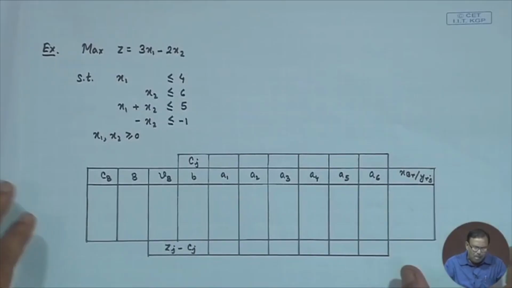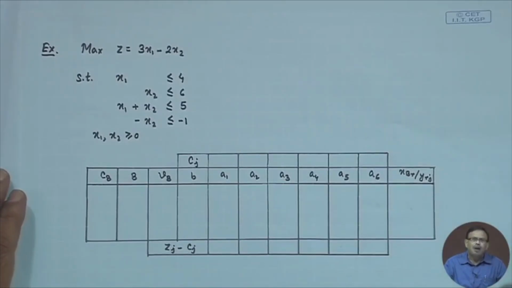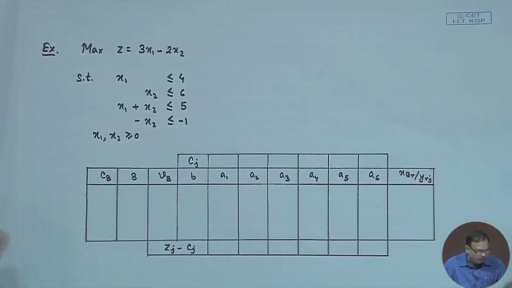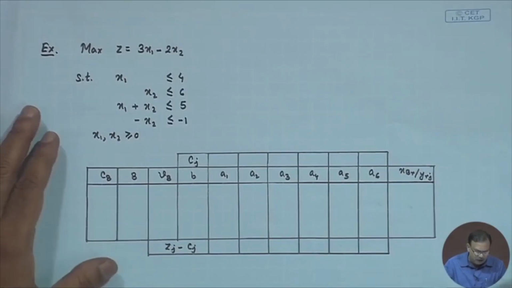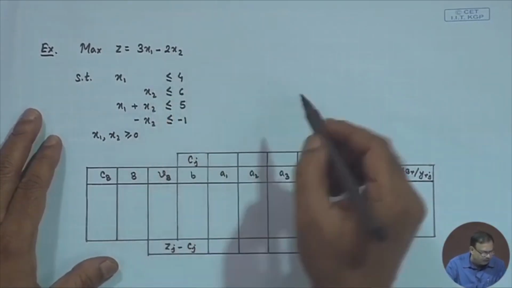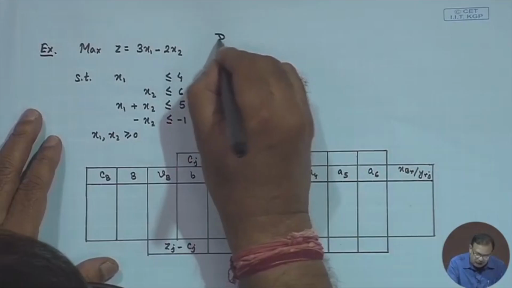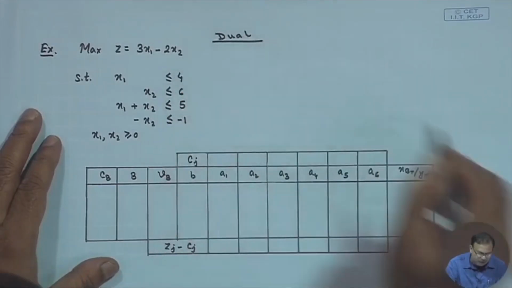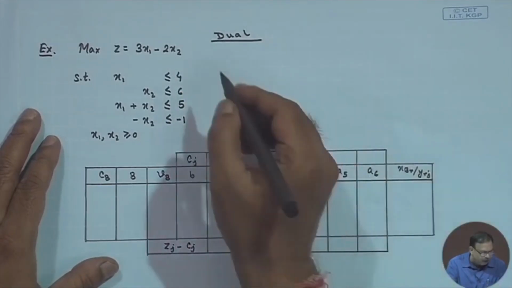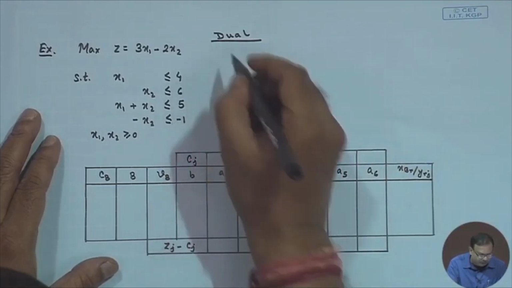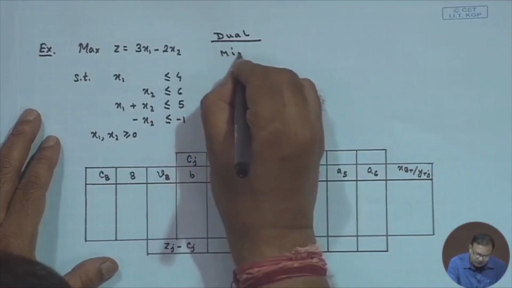Now, let us see how to find the solution of a dual problem. We will come to this one later. So, this is your original problem and its dual. Let us first write down the dual of this problem. The dual of the problem will be minimize.